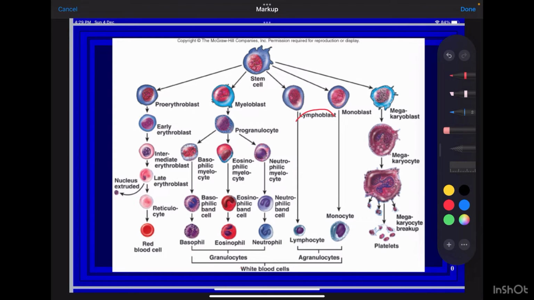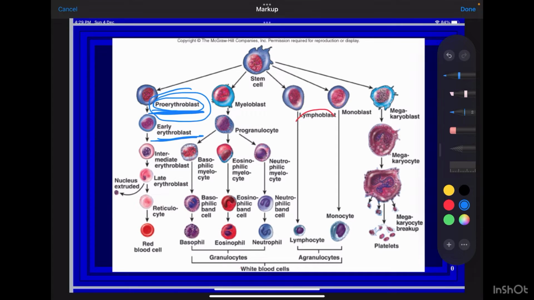First, let's talk about the red blood cells. The proerythroblast is the first recognizable cell derived from the colony-forming unit. What comes next is the basophilic erythroblast, or we can just call it the early erythroblast. This type is smaller than the proerythroblast and arises by mitotic division.